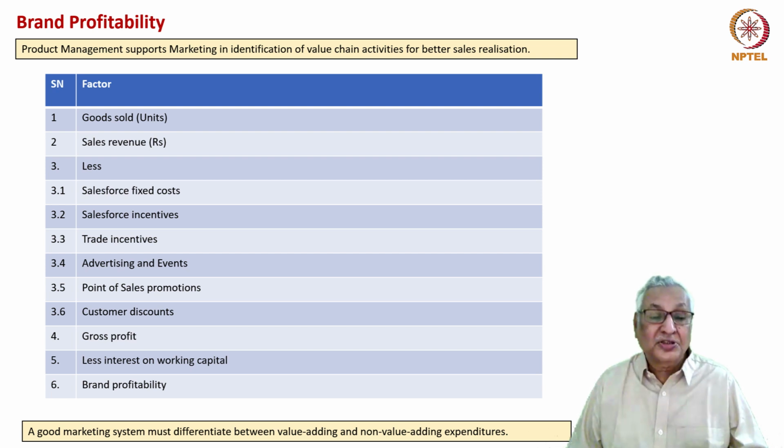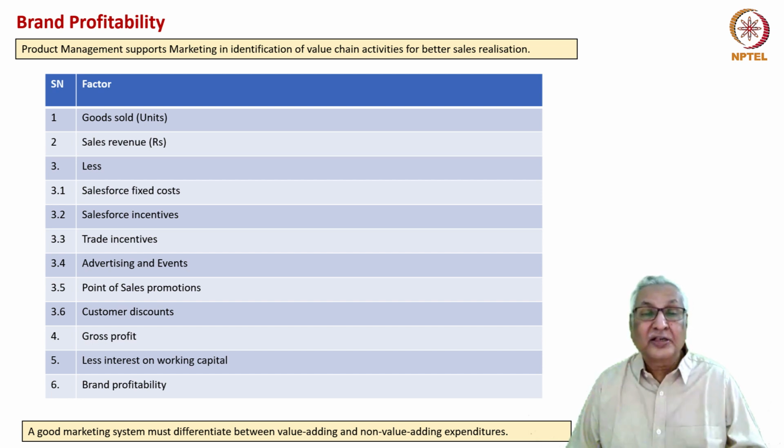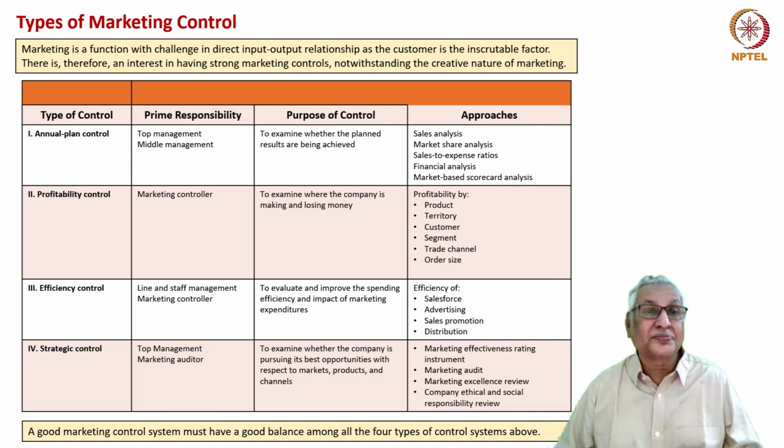A good marketing system will also differentiate between value adding expenditure and non value adding expenditure. You must also be cognizant that when you launch a new brand, all the expenditure you incur in terms of pre sales, promotion, advertising should actually be considered as an investment and not as an item of expenditure. That is very important. That's about brand profitability.